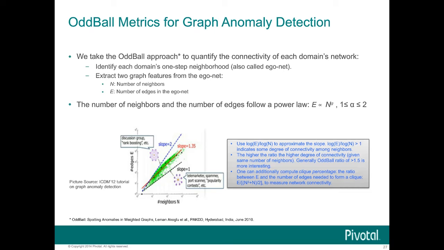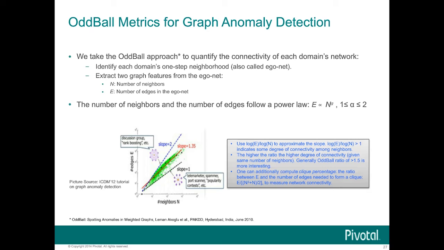That would be a graph as shown in the figure where the center node is connected to all other external nodes. That is an example of a telemarketer or a spammer who is targeting a couple of users, and the users don't talk among each other. If the slope is 2, as shown in the figure, that would be a perfectly connected graph. This is an example of a discussion group where everyone is talking to each other.